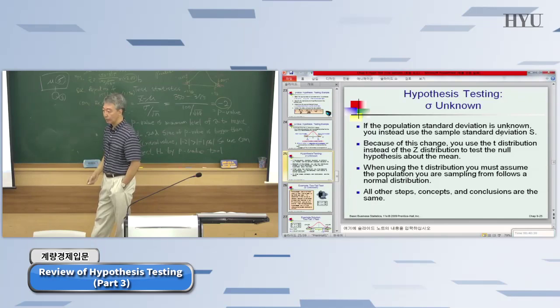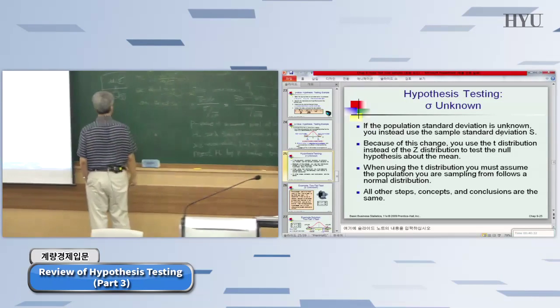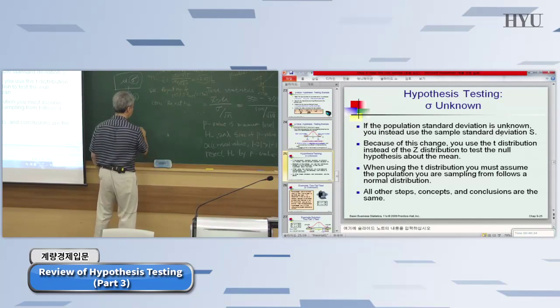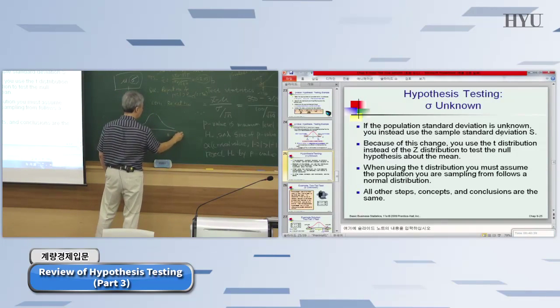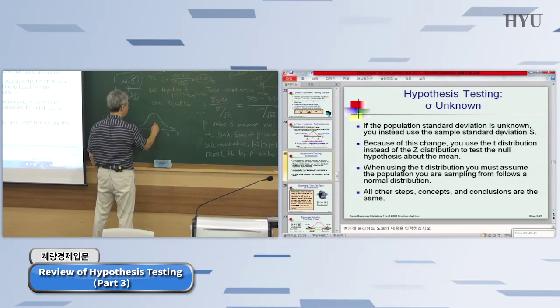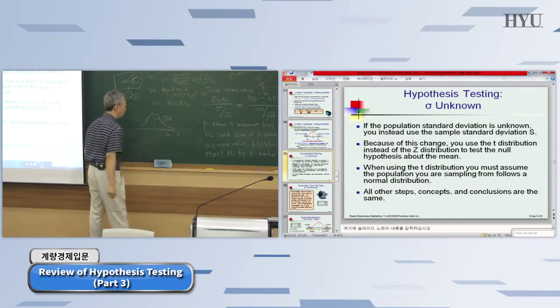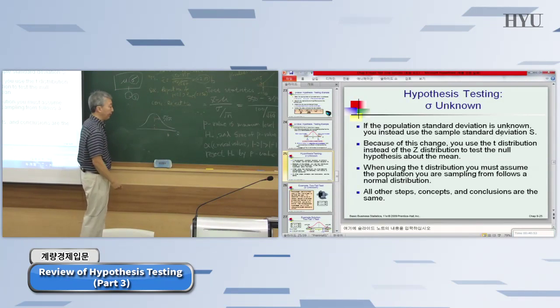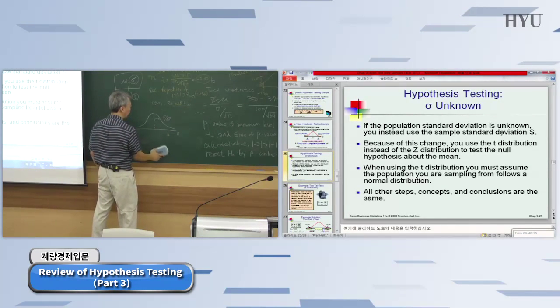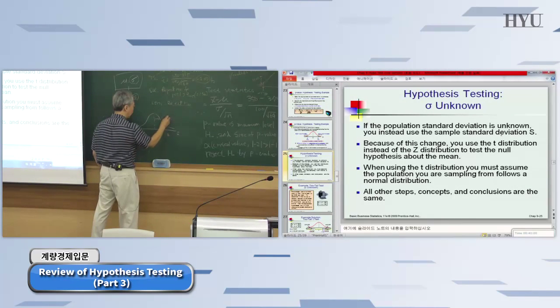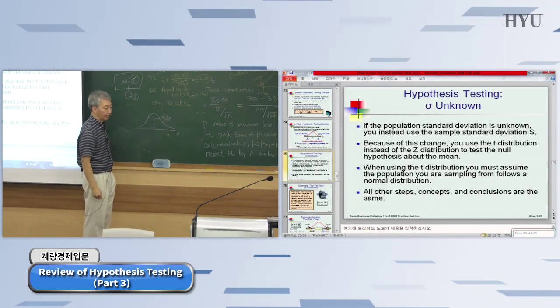standard deviation. And then if you think about the sampling distribution, there's some variability. We use sigma over square root of n if sigma was known. But if sigma is unknown, the only way to handle this is to replace it with the sample standard deviation.